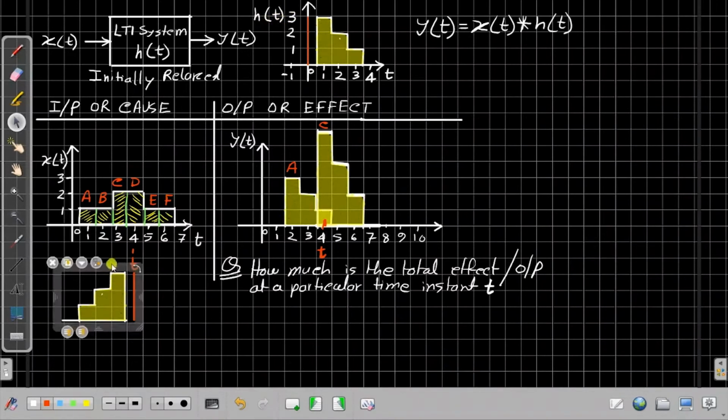After this, let me put the values. This is 3, 2, 1 and 0. Okay, now after this, to calculate the total effect at this point, I will do it this way.